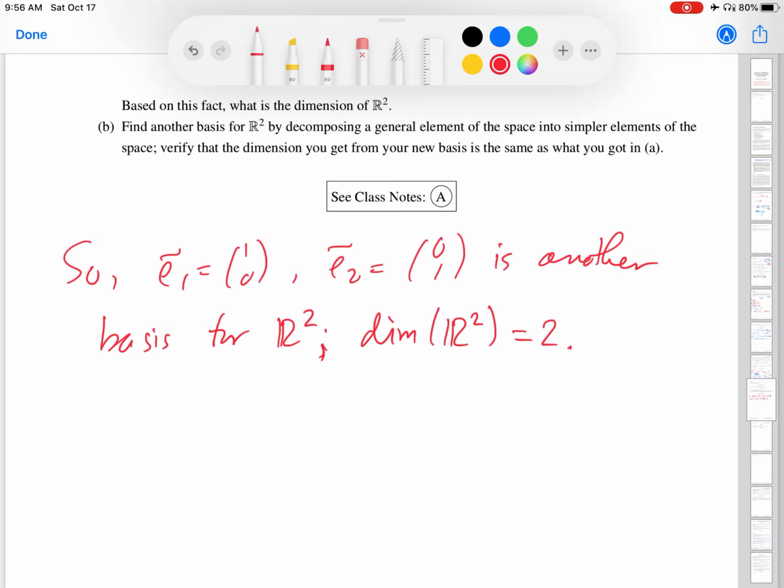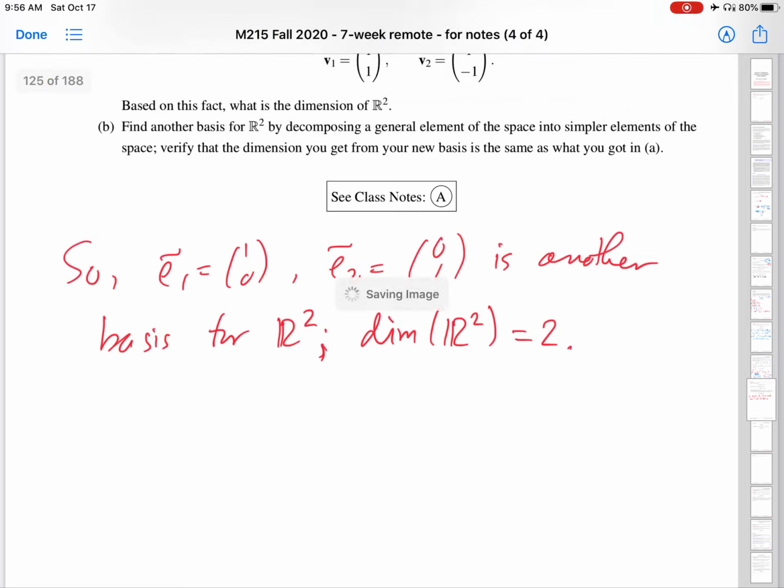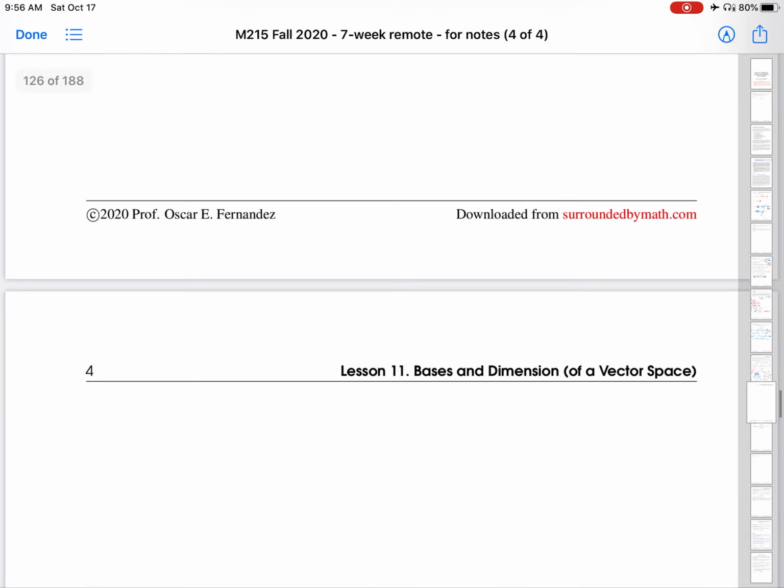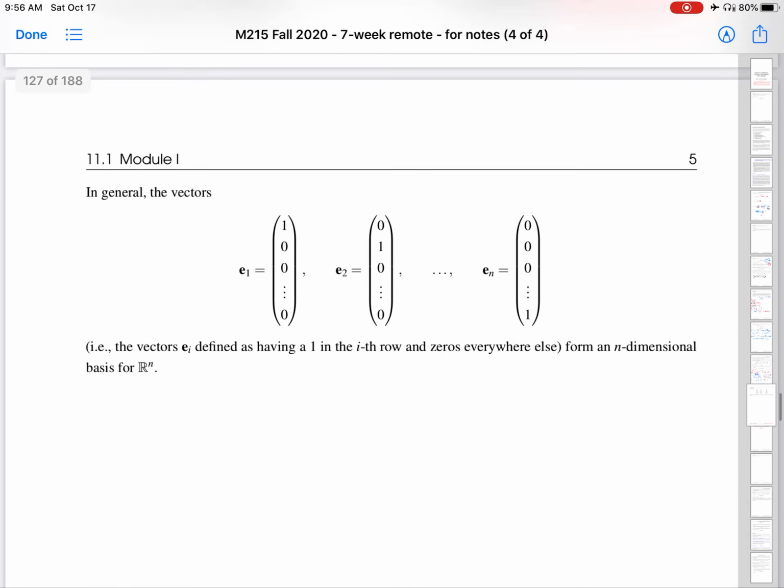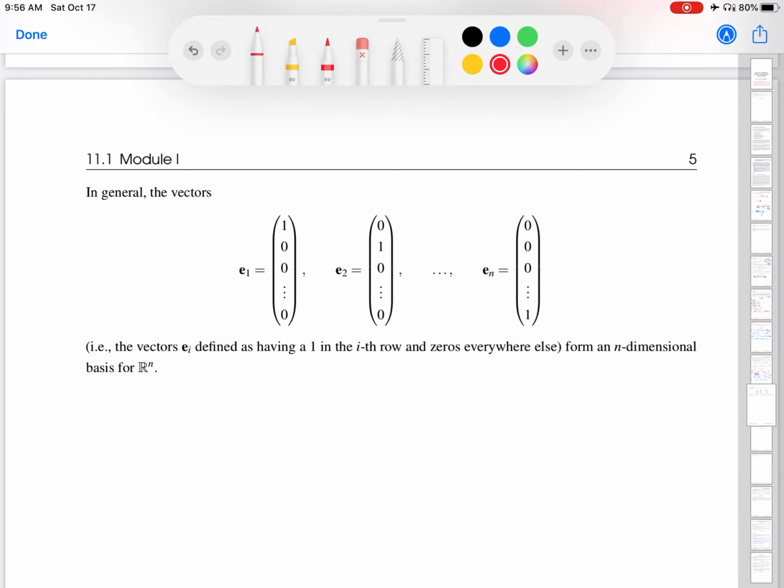Okay, the last thing I was going to mention is what I said about the more general versions of these vectors E1 and E2 for R3, R4. So in a future video, I'm going to scroll down a little further down the notes.